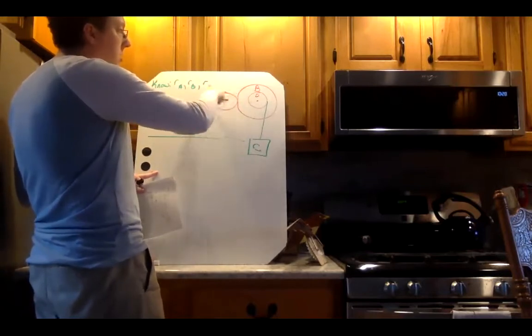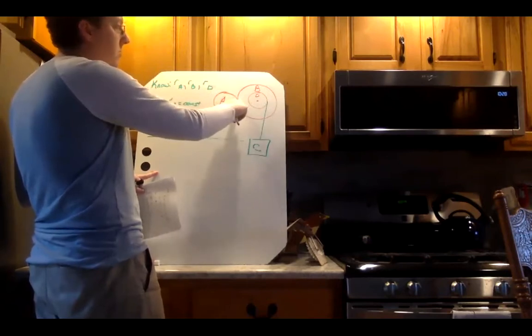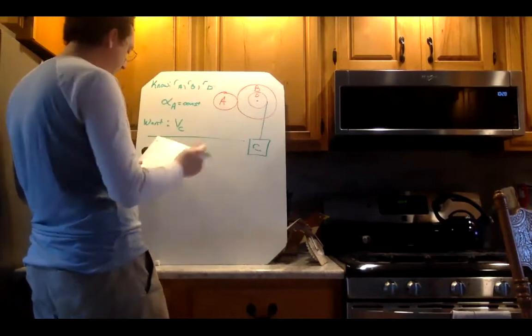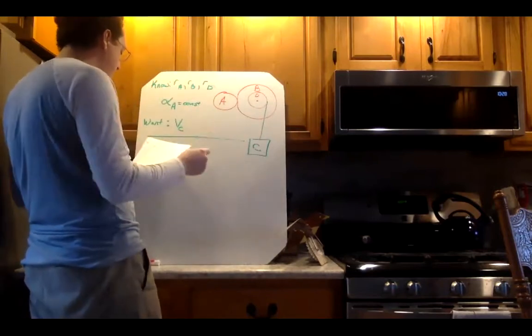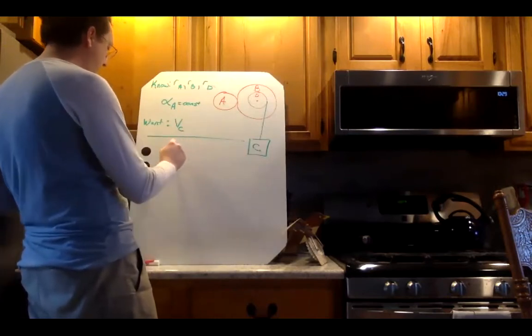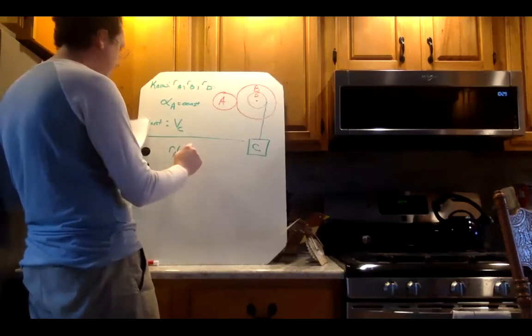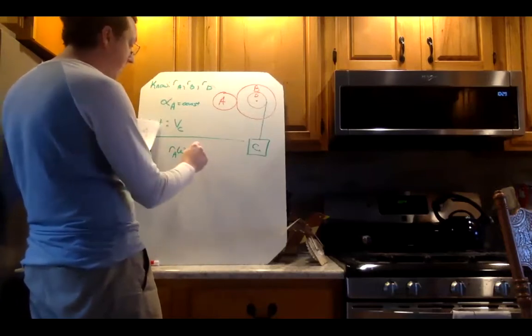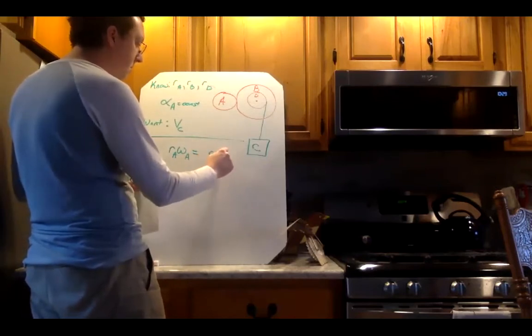So the arc length traveled by a point on A is the same as the arc length traveled by a point on B. Or if you take derivatives, that's still going to be true. So that lets me say that the radius of A times omega of A must be, up to a minus sign, the radius of B times omega of B.